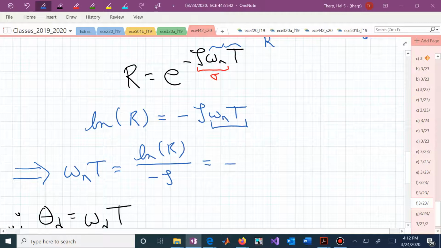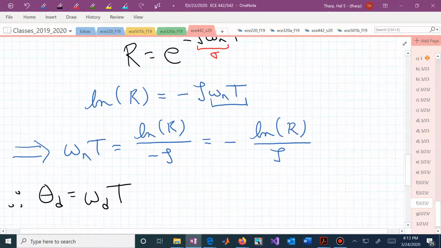Or we can pull that minus sign out in front, and now we can replace omega sub n t in our theta sub d expression with this expression that only involves r and zeta.